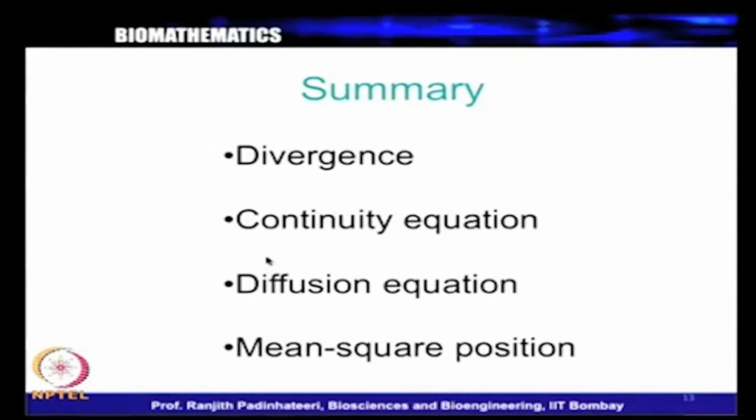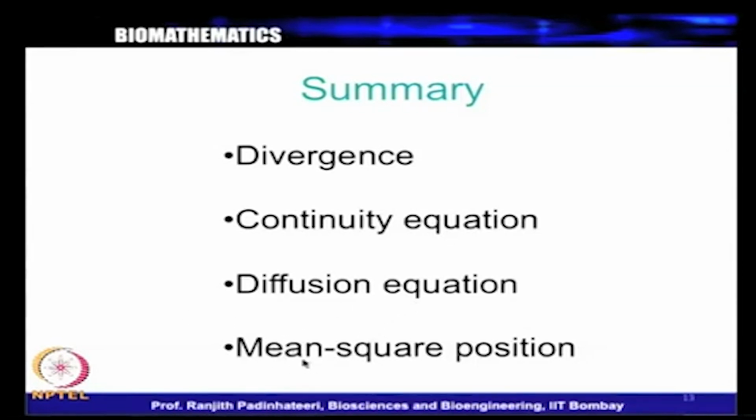We learned about the diffusion equation, that del C by del t equals D del square C by del x square is the diffusion equation, and that describes the phenomenon of molecules diffusing along a pipe or any container, anywhere where you have a concentration difference, those things will diffuse, and that is described by the diffusion equation.